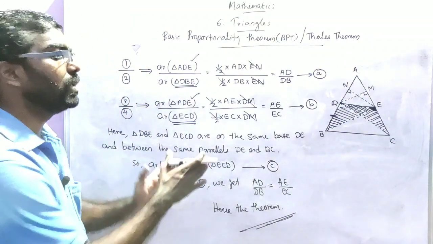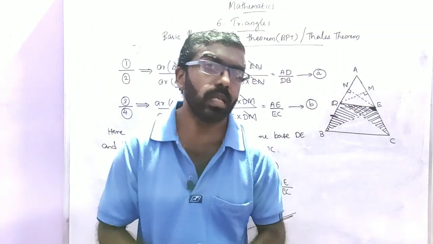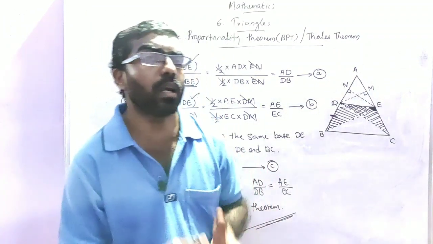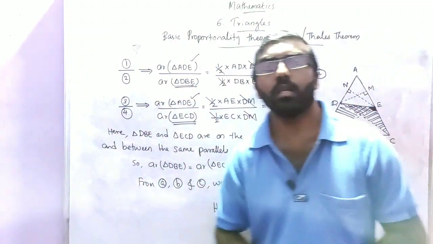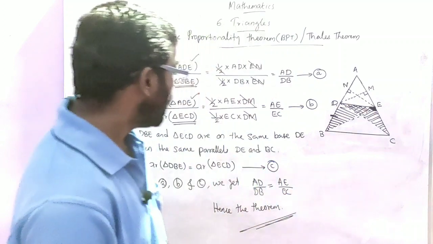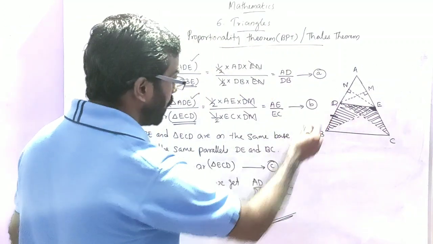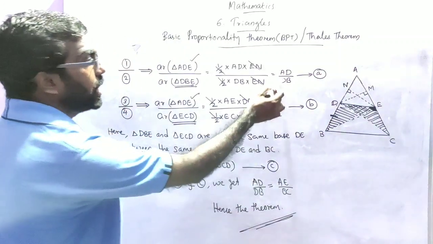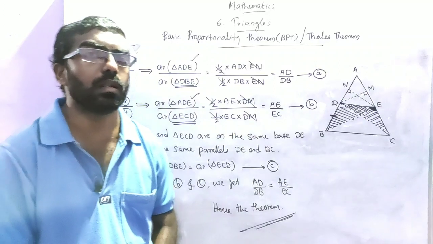The areas of these two triangles are equal. By the theorem you have learned in 9th standard, the triangles on the same base and between the same parallels are equal in area. And finally we can conclude by using these three equations A, B and C that AD by DB is equal to AE by EC and hence the theorem.